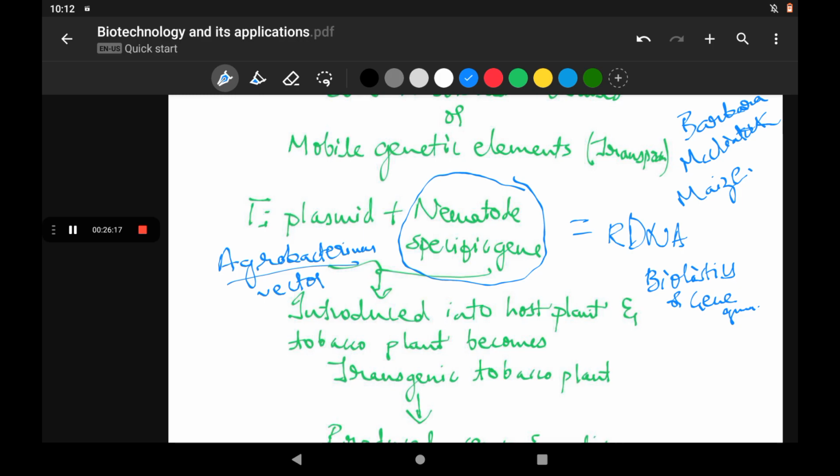So why they are able to produce double-stranded RNA is that both the template strand as well as the coding strand produce the RNA. So they produce sense RNA and antisense RNA. Since sense RNA and antisense RNA are complementary, they become double-stranded RNA.